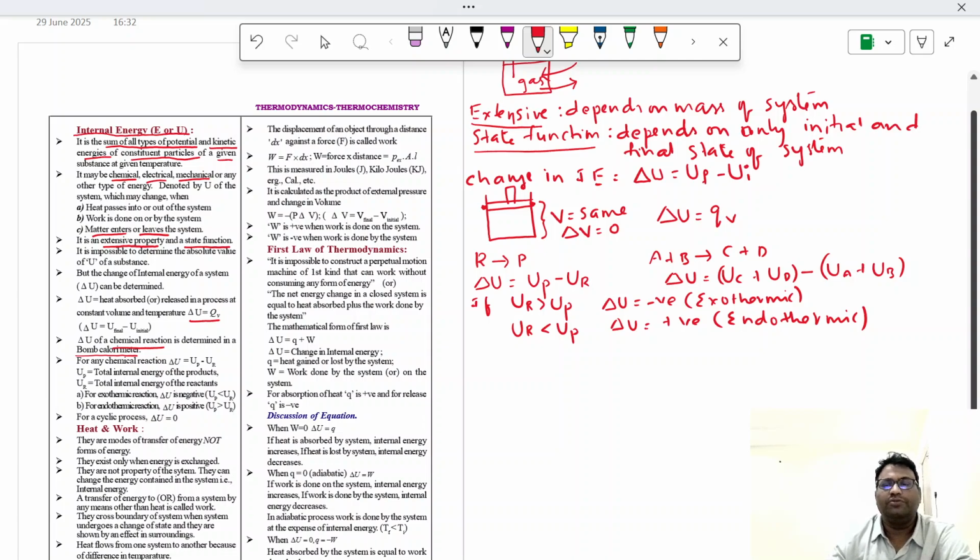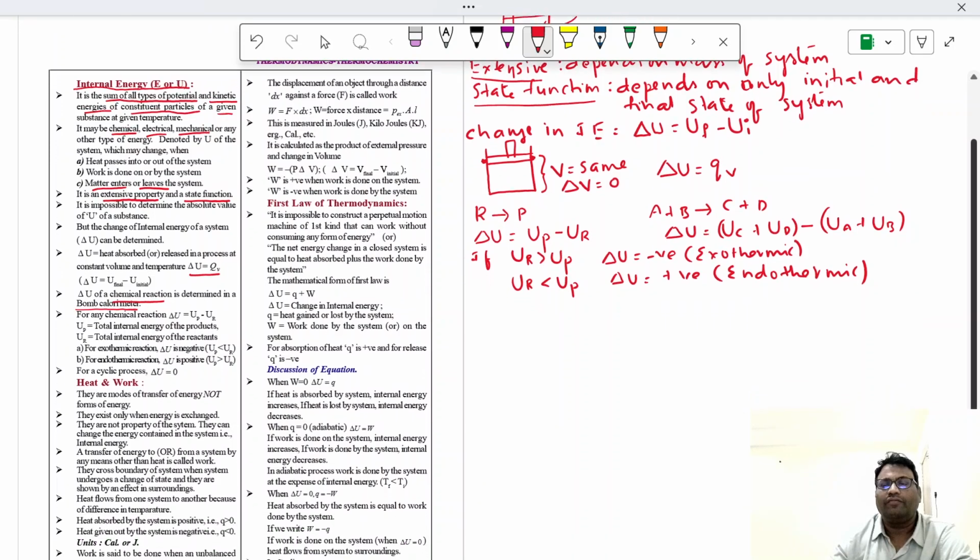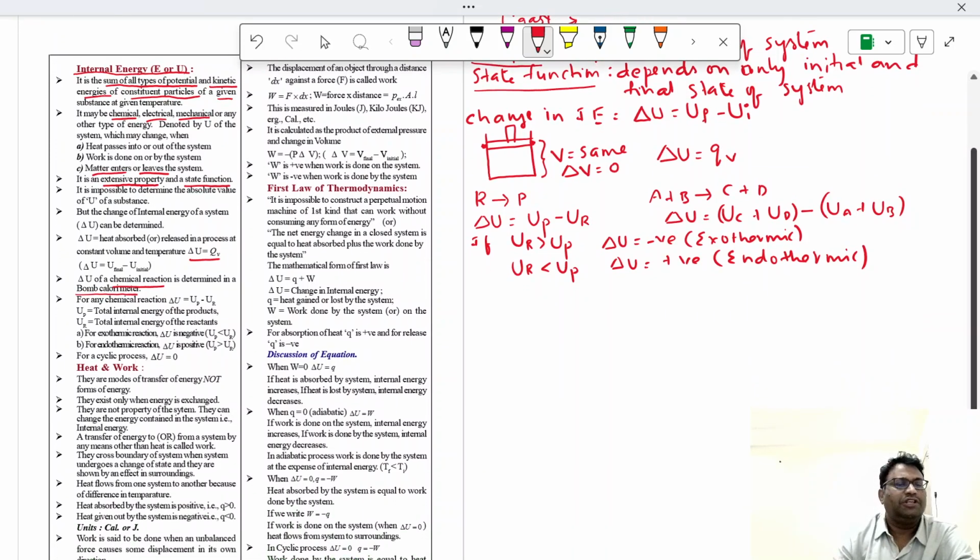So that is about internal energy. Next, coming to heat and work. Heat and work are the modes of transfer of energy.